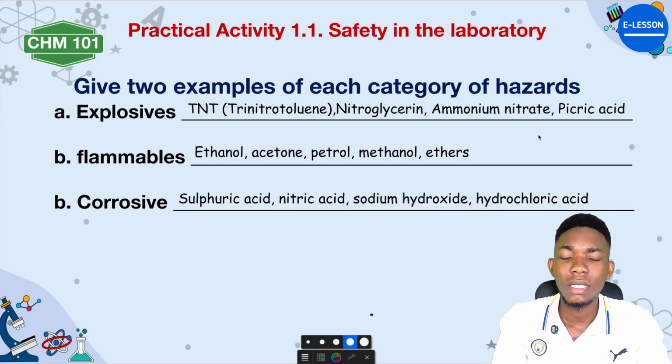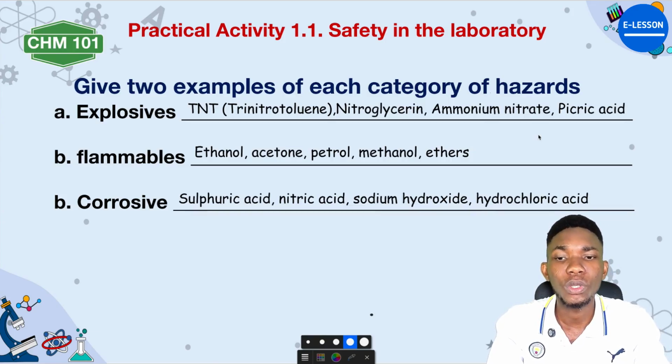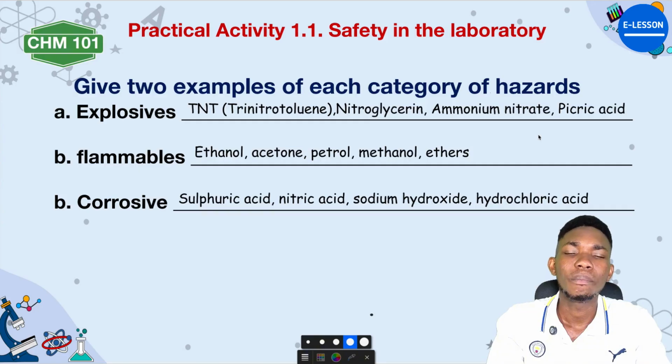Is that okay? Now the next one is flammables, things that are capable of catching fire, if you want to use that word. Examples are ethanol, acetone, petrol, methanol, ethers. Is that okay? Now, if you go to the petrol station or the fuel station, you always see an inscription.